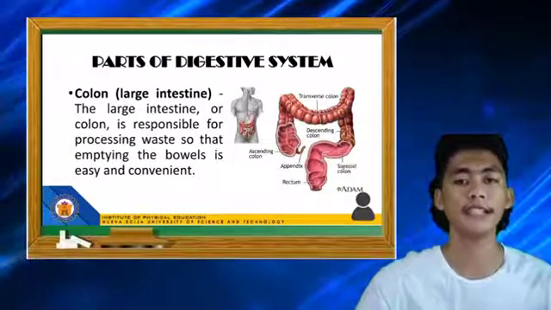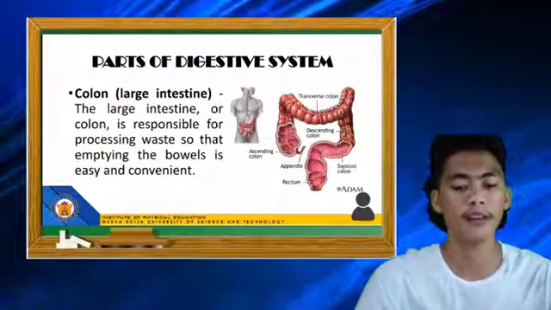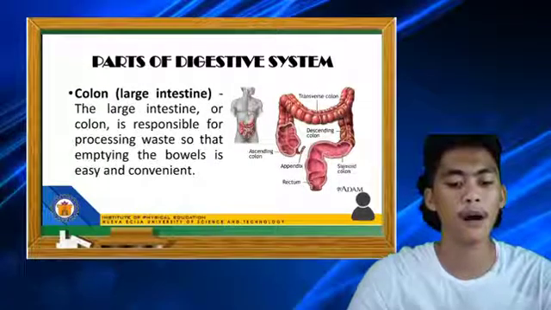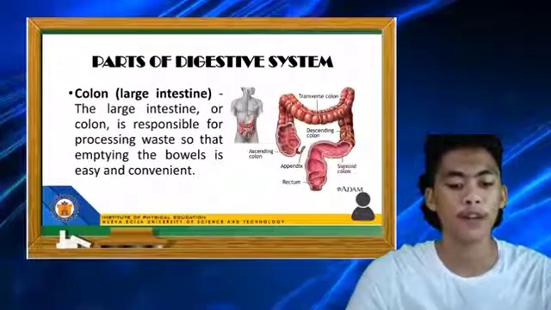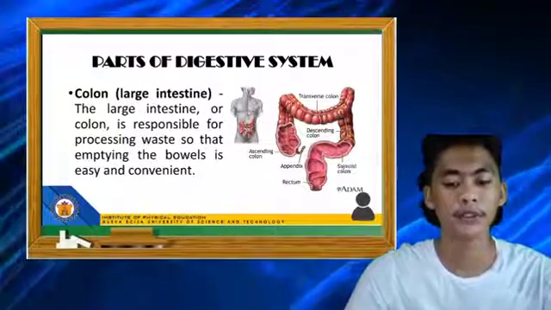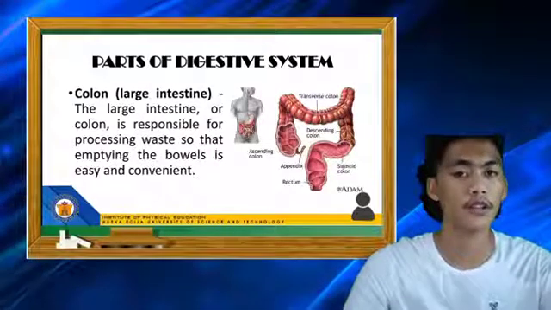What are the colon diseases? There are many common problems affecting the colon and rectum. These conditions include irritable bowel syndrome, constipation, hemorrhoids, anal fissures, abscess, colitis, polyps, and colon cancer.